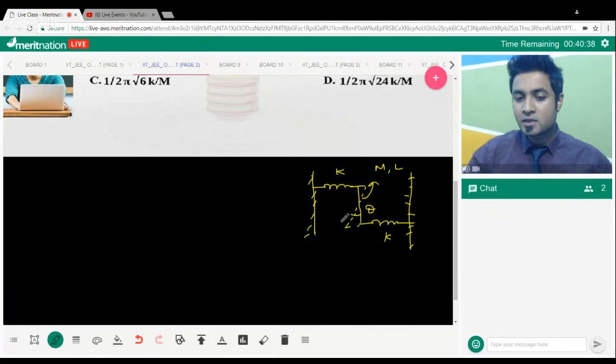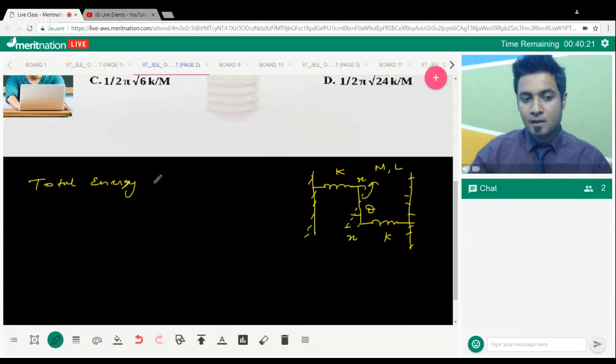You can see here that both these springs are getting stretched by some small amount x. If I write the equation of the energy, the total energy here has to be constant.